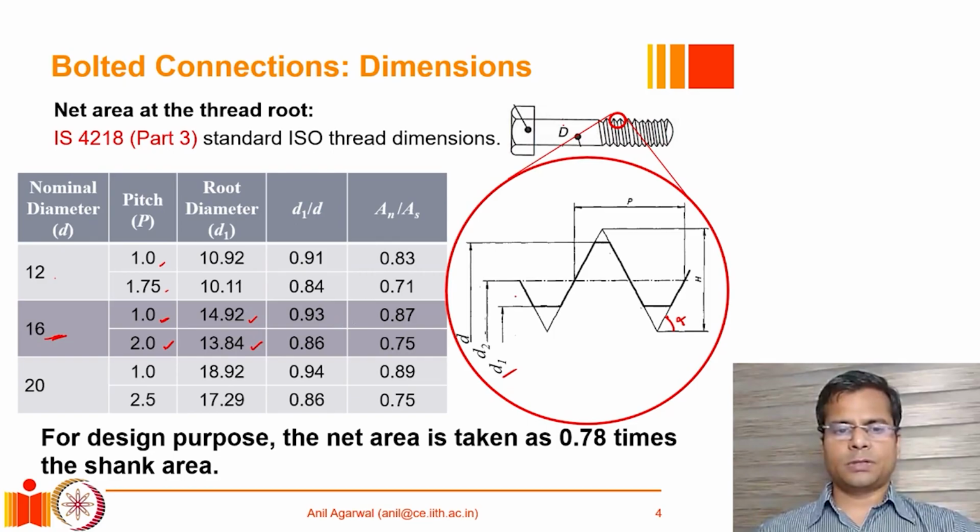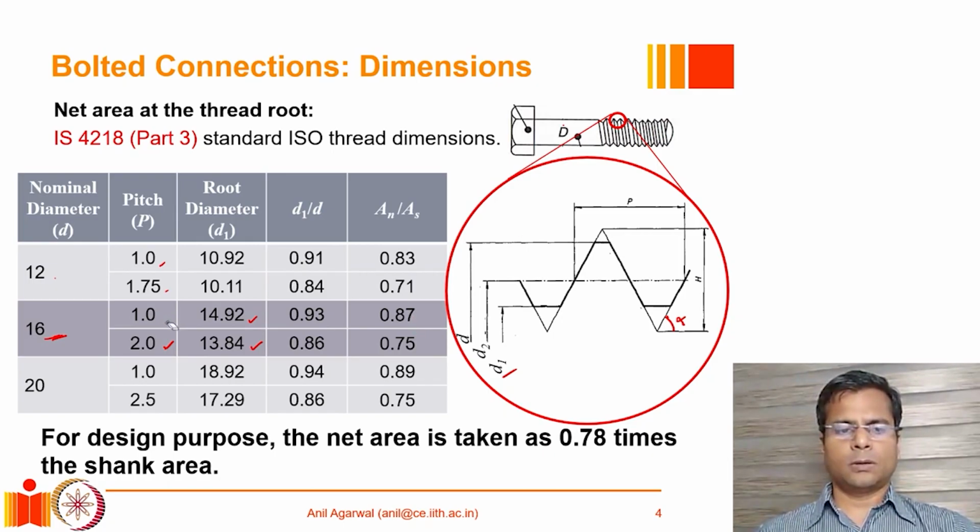Now, if the root diameter changes, we can calculate the ratio of the diameters, D1 divided by D, and also the net section that is available. What is the net section? The net section is the cross section available from root to root on the other side. That net cross section of the bolt is the reduced cross section, a smaller part of the total cross section.